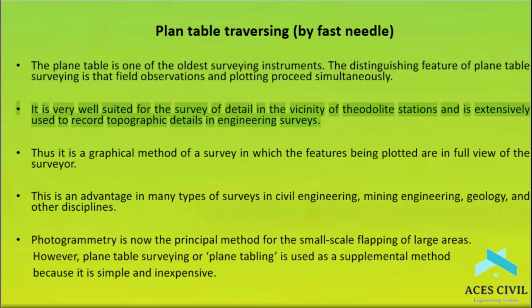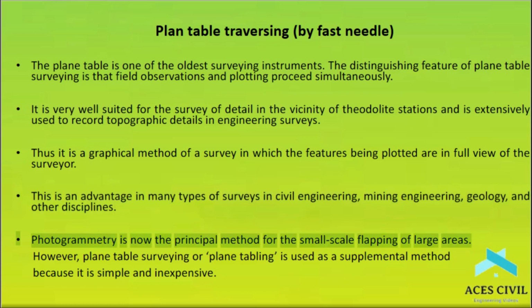It is very well suited for the survey of detail in the vicinity of theodolite stations and is extensively used to record topographic details in engineering surveys. Thus it is a graphical method of survey in which the features being plotted are in full view of the surveyor. This is an advantage in many types of surveys in civil engineering, mining engineering, geology, and other disciplines.